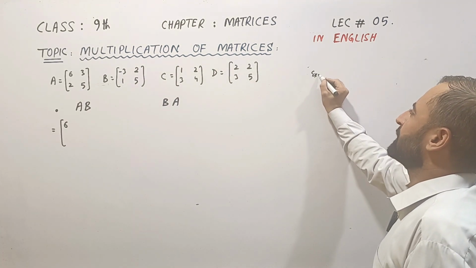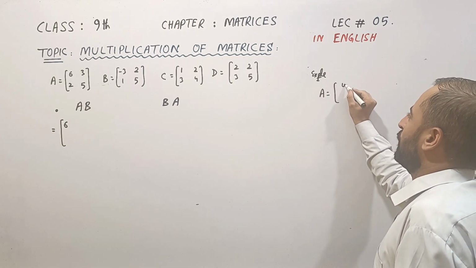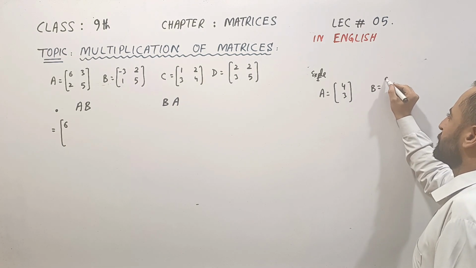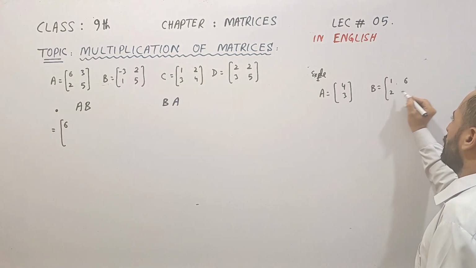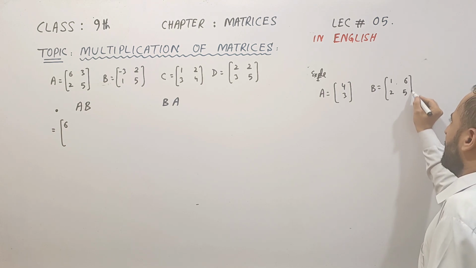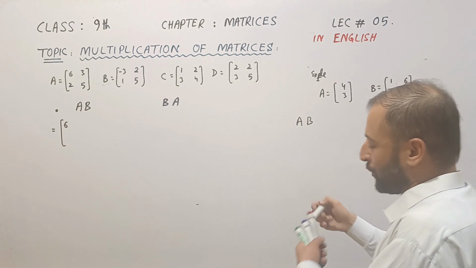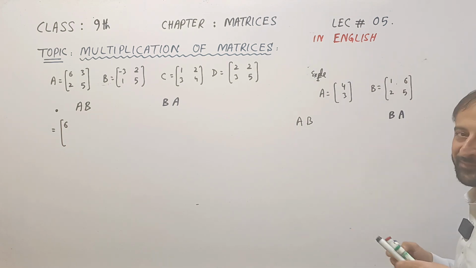For example, my sweet students, this is matrix A, 4, 3. This is matrix B, 1, 6, 2, 5. I said to one student, please calculate AB, and to the other student, the task is calculate BA.